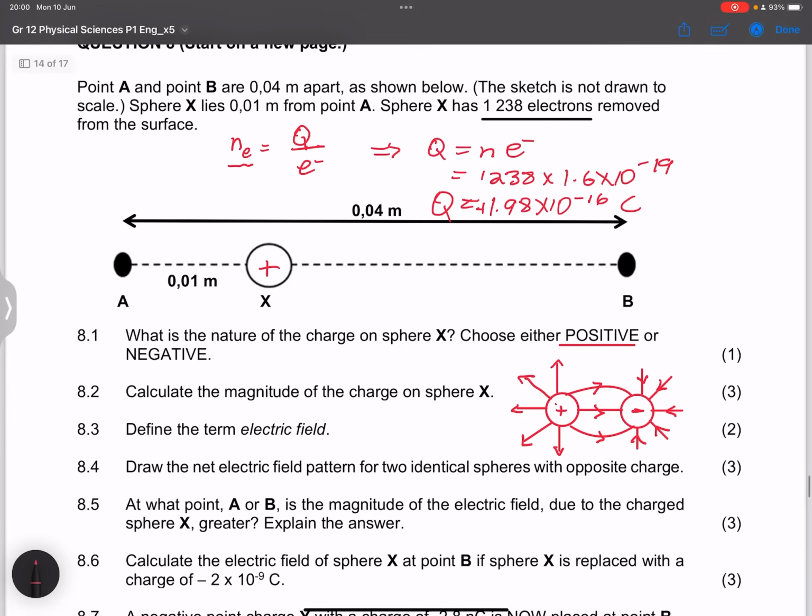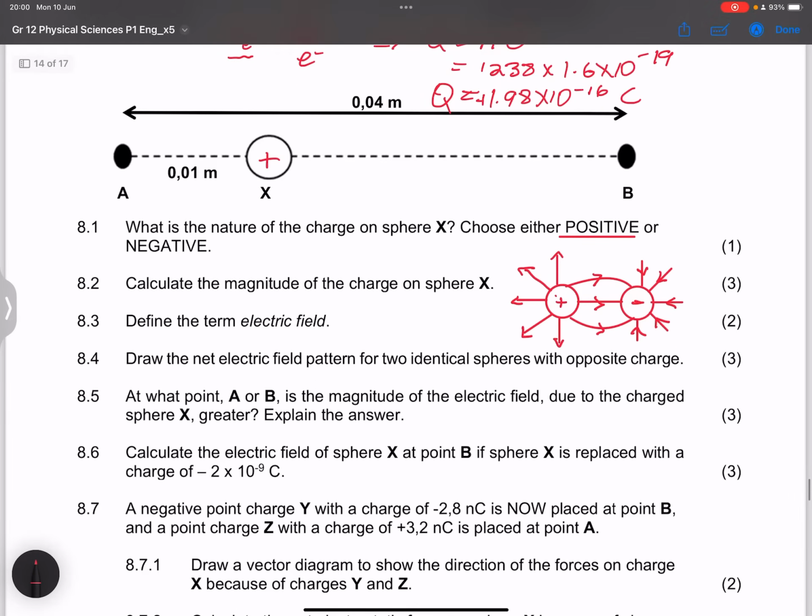Now the next question, they say at what point, A or B, is the magnitude of the electric field due to the charged sphere greater? Explain the answer. Note that A would be closer to the charge.